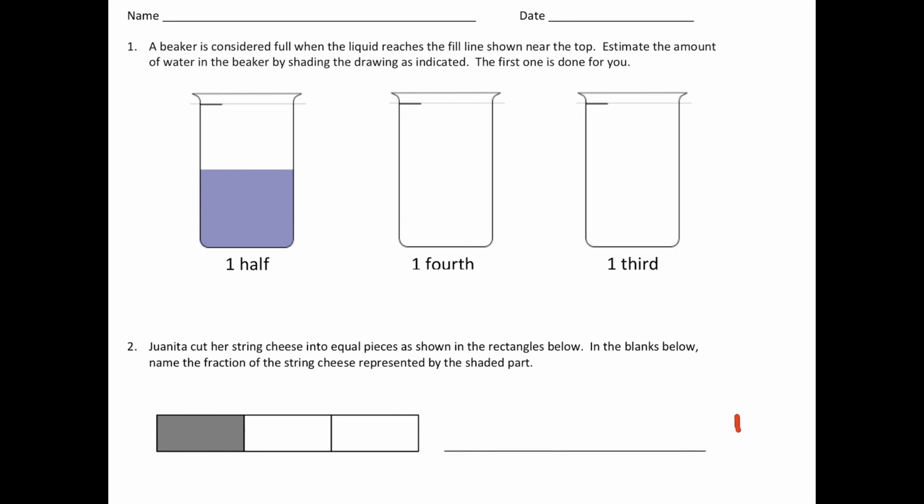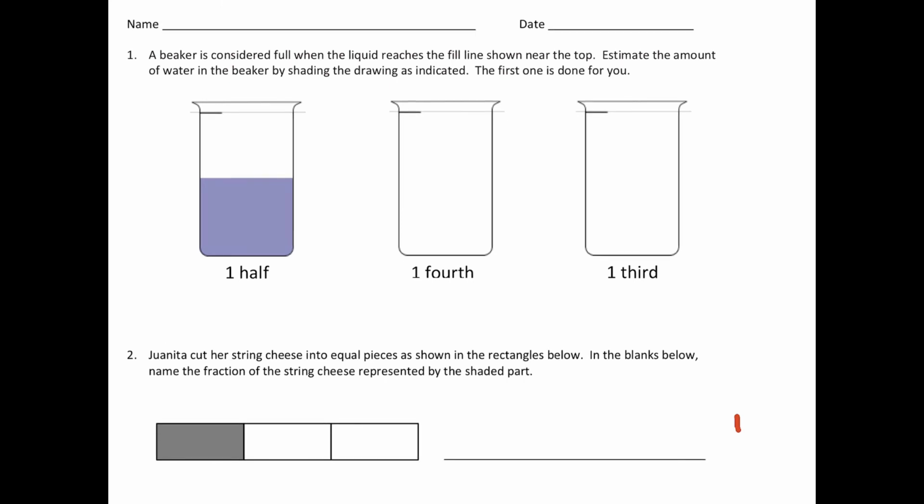Hold on, I just need to put my hand tool on. There we go. You are going to draw. This is where we're doing the unit fractions. So you need to shade in 1 part of the fourth. So you're going to draw your lines for fourths, and then you'll shade one of those parts. 1/3, you're going to draw the lines for thirds, and then shade one of those parts.